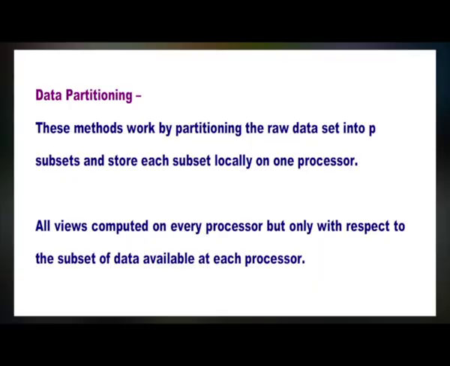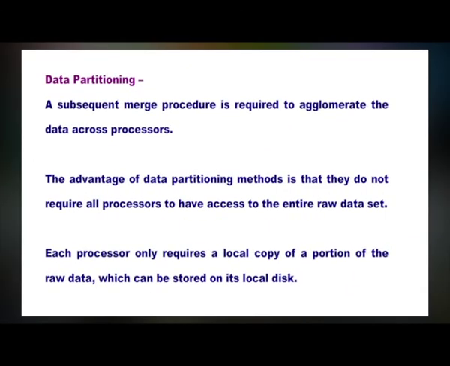Now, we will see what is data partitioning. These methods work by partitioning the raw data set into P subsets and storing each subset locally on one processor. All views are computed on every processor, but only with respect to the subset of data available at each processor. So, a subsequent merge procedure is required to agglomerate the data across the processors.